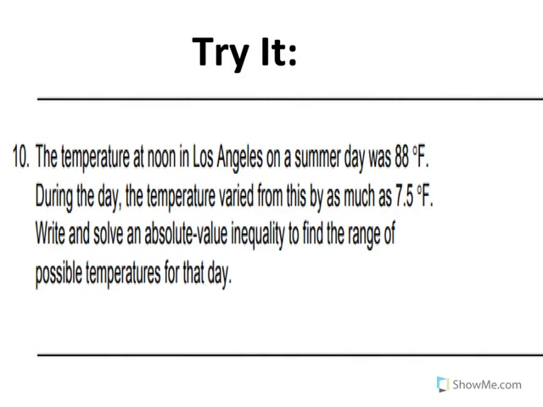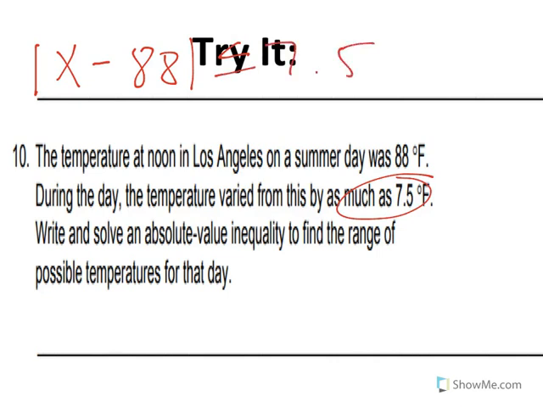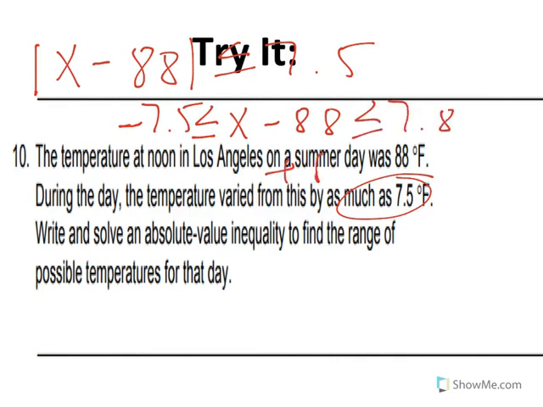Right, so x is the unknown temperature minus the actual temperature, which is 88, and as much as means less than or equal to 7.5. So we can set this up: x minus 88 greater than or equal to negative 7.5, and less than or equal to 7.5. So we're going to add 88.